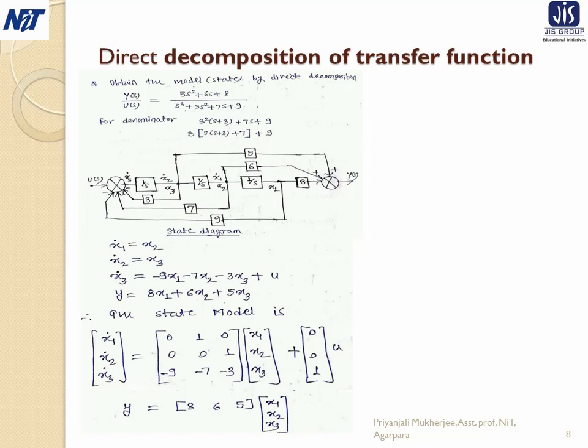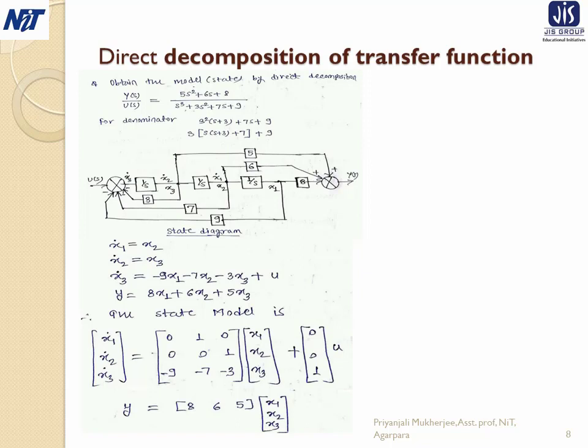So using these 3 equations we can write down that x1 dot, x2 dot and x3 dot is equal to the system matrix A times x. For x1 dot, which is equal to x2, the coefficient of x2 is 1 and the remaining will be 0. So the first row is 0, 1, 0. For the second one, x2 dot is equal to x3, so only the coefficient of x3 will be 1 and the remaining 2 will be 0.